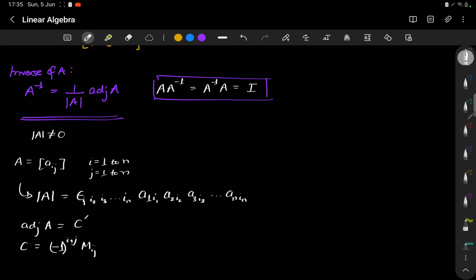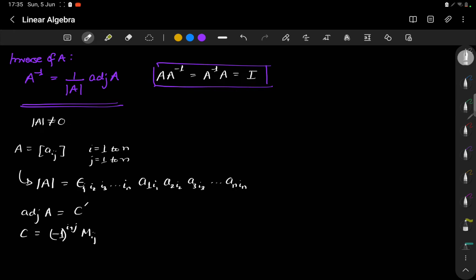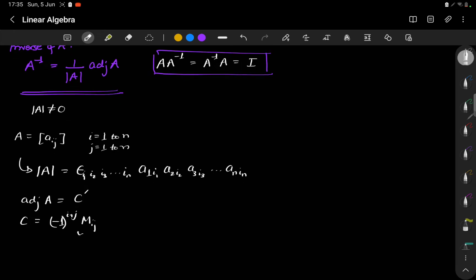Where this M is the matrix of minors, and this minor is obtained as follows.